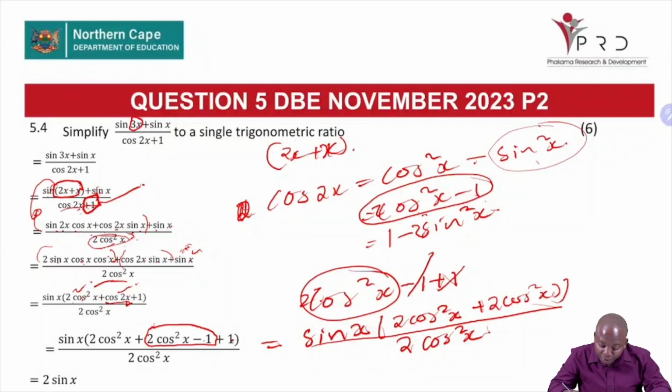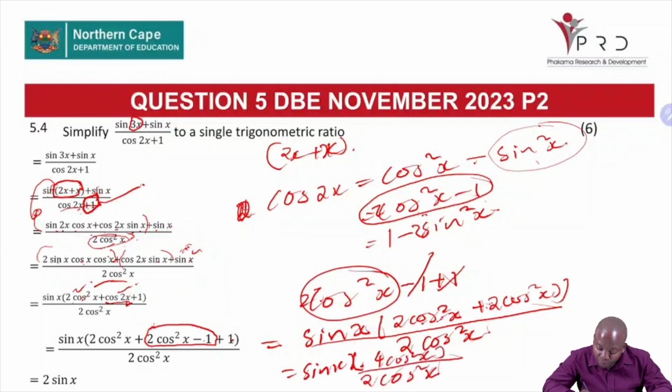So what we do from there, we now work with what is in the bracket. We have sine x into, these are the same, so it's going to be 4 cos squared x all over 2 cos squared x. Then what we now have as a solution, we can see that this and that will cancel out. We remain with sine x into 4 all over 2.